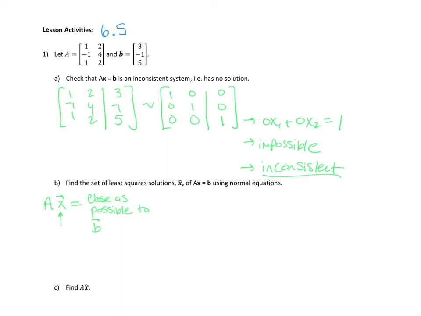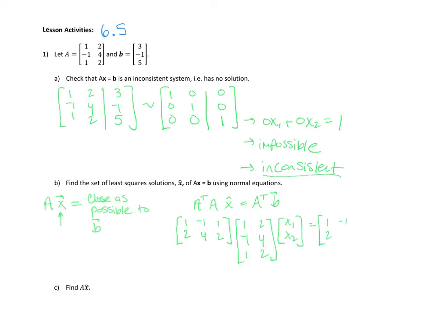So the normal equations are A transpose times A times x hat, which is what I'm looking for, is equal to A transpose times B. So A transpose is 1, 2, -1, 4, 1, 2, times A, 1, -1, 1, 2, 4, 2, times x hat, which is x1, x2, has to equal A transpose 1, 2, -1, 4, 1, 2, times B, 3, -1, 5.